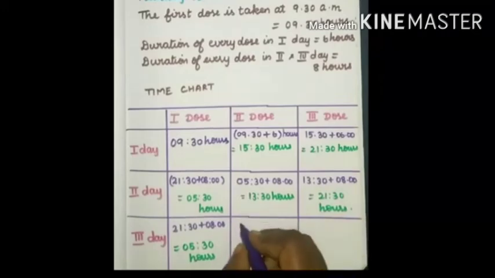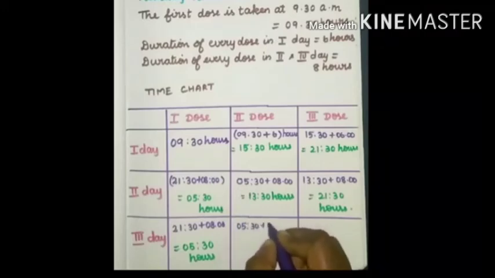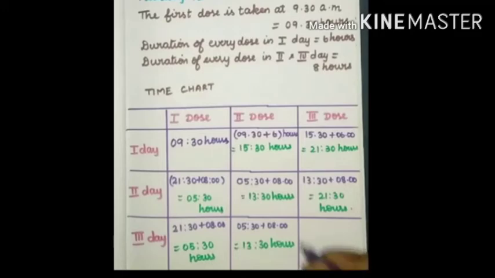To find the second dose, again add 8 hours to 5:30 hours, and you get 13:30 hours. To find the third dose, add 13:30 hours plus 8 hours, which is 21:30 hours. Students, it's clear, no?